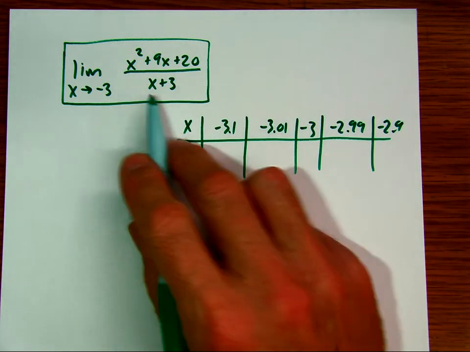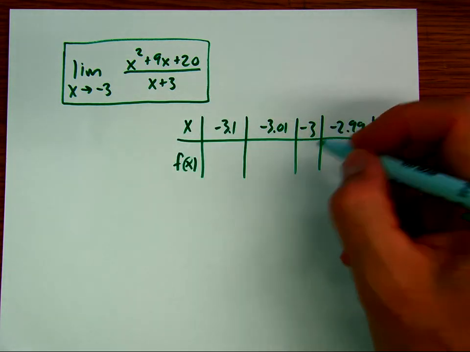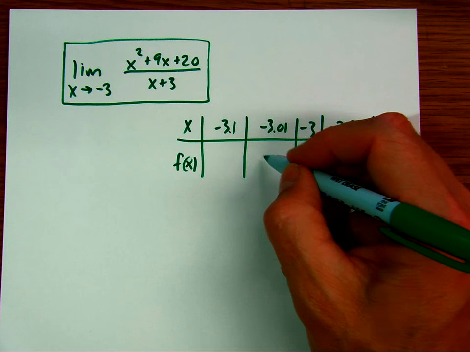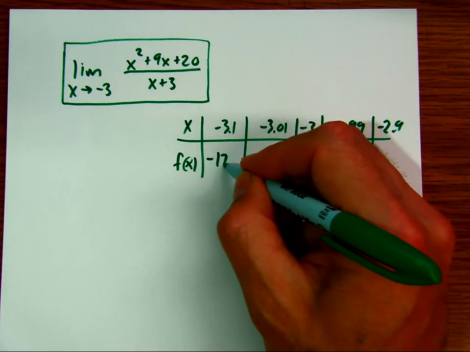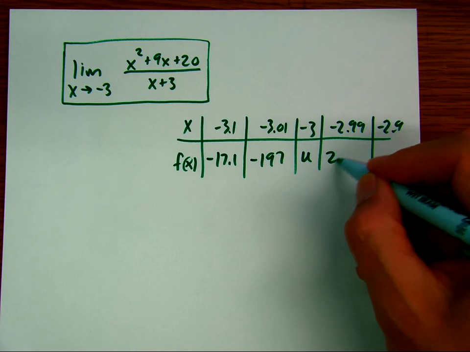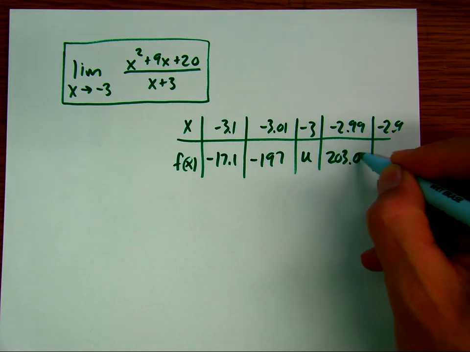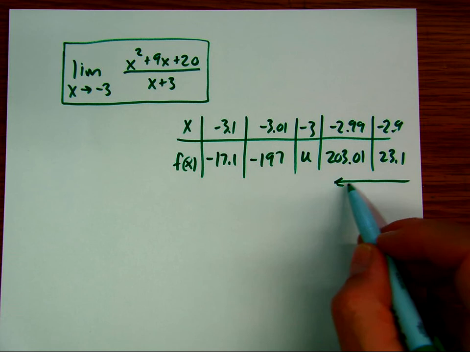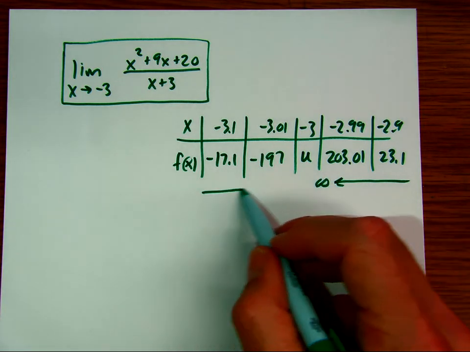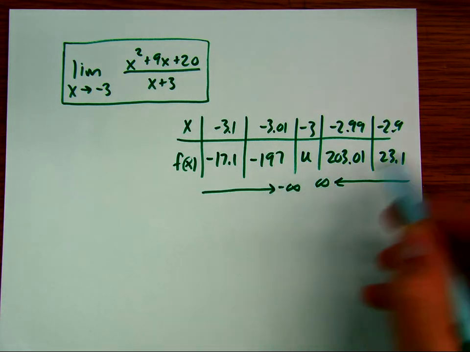When you put a -3 in there, it's undefined. And we get these numbers, these y values. So it looks like that might be going to infinity, and that might be going to -infinity.